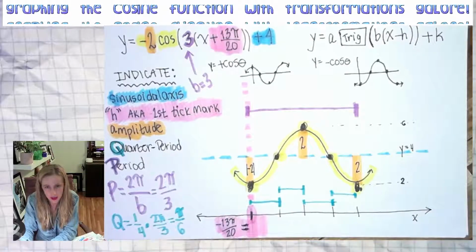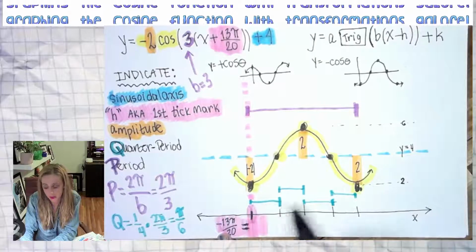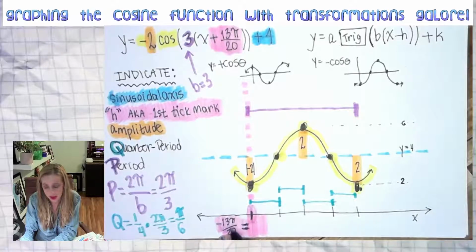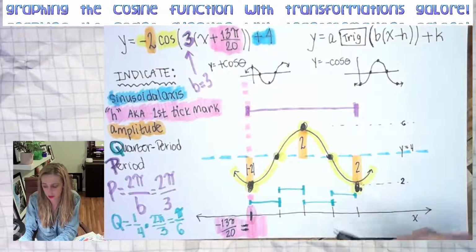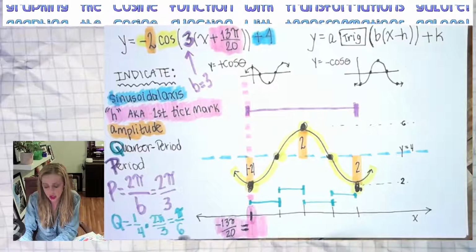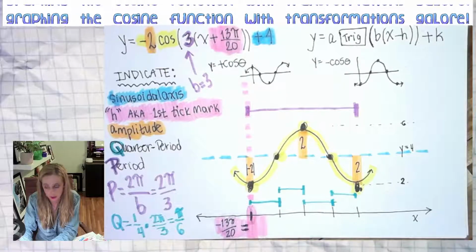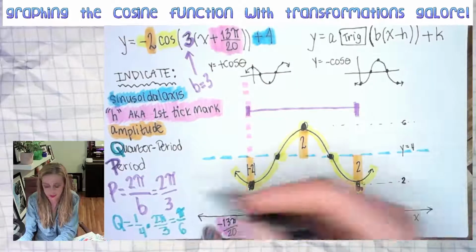We are starting at negative 13 pi over 20. We are going to add a quarter period 1, 2, 3, 4 times. The quarter period and H, so HQ, headquarters or whatever, okay? H and Q need to have a common denominator, H and Q. So I didn't need it for the period.